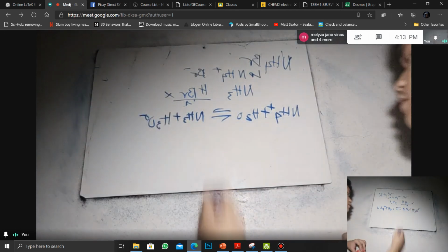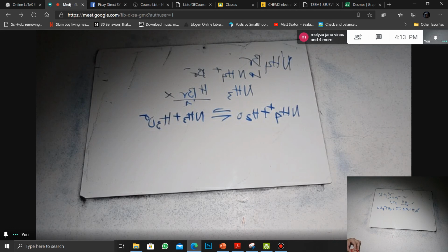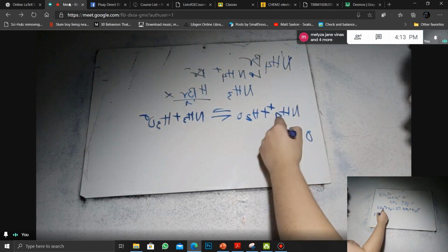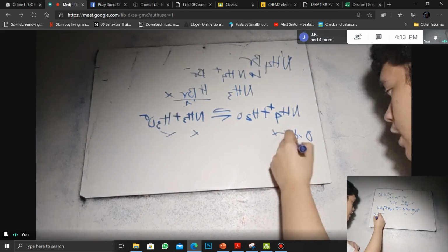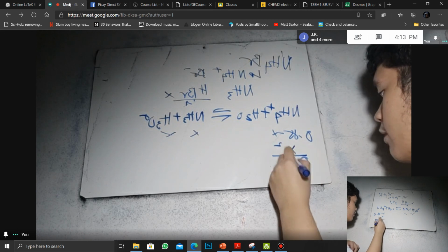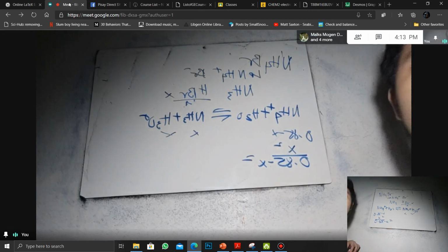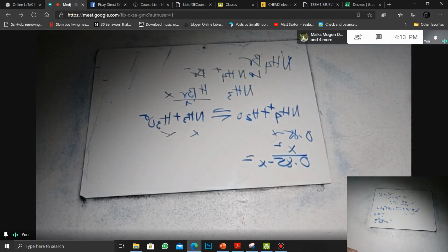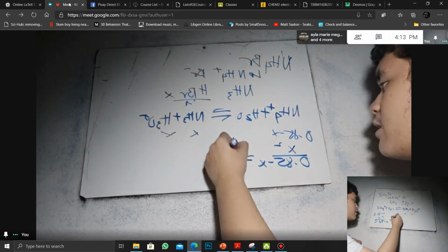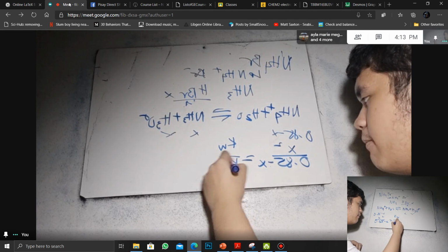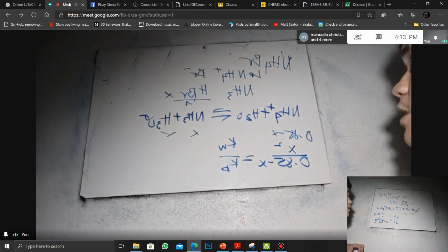ICE stable, 0.85 minus X, X, X. X squared over 0.85 minus X equals to, diba Ka dapat? So, Kw over Kb. Kasi we don't have Ka, we only have Kb of NH3, diba?